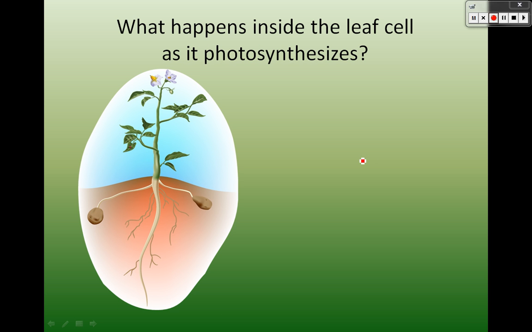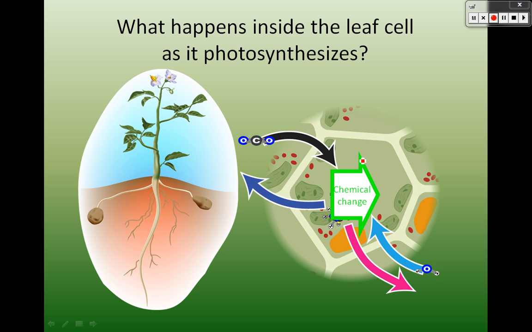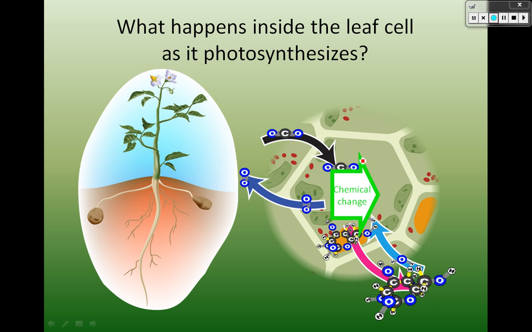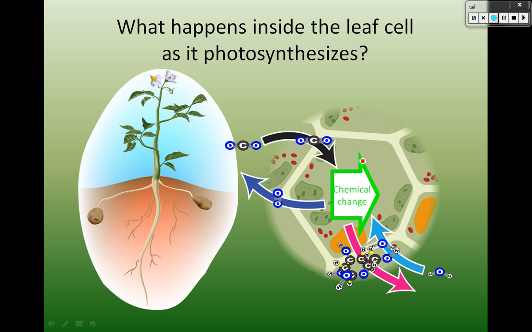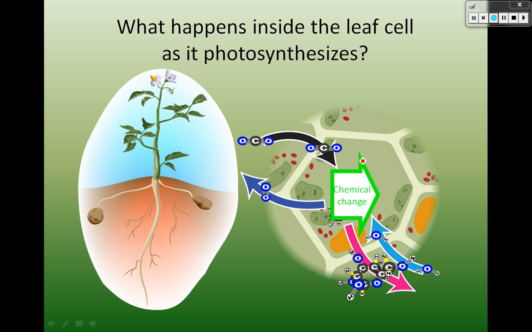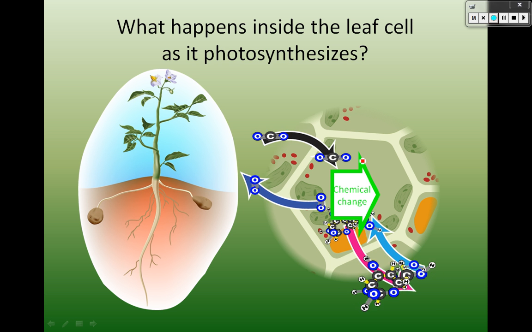So, what happens inside the leaf cell as it photosynthesizes? Basically, we have a chemical change going on with the carbon dioxide and the water chemically changing into oxygen that we end up breathing and glucose that goes to build the structure of the plant. And we just looked at that in more depth, at what's really going on inside the chloroplast.